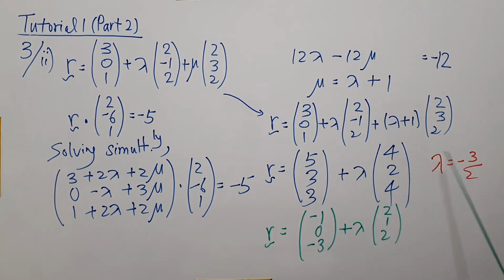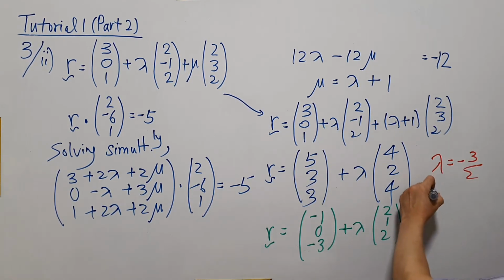This and this, with a 5. 5 minus 3 over 2 times 4 gives you 5 minus 6, and it's minus 1, which is true. Okay, it's true. So 3, and then put lambda as minus 3 over 2 times 4. 3 minus 3 over 2 times 4 is 3 minus 6, so it's minus 3. So therefore, these two equations are actually equivalent. And that completes question 3, part 2.